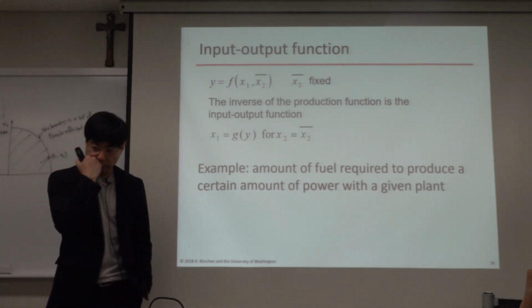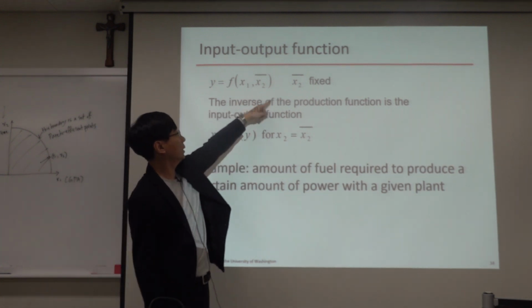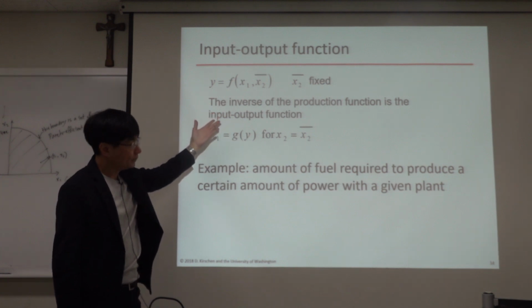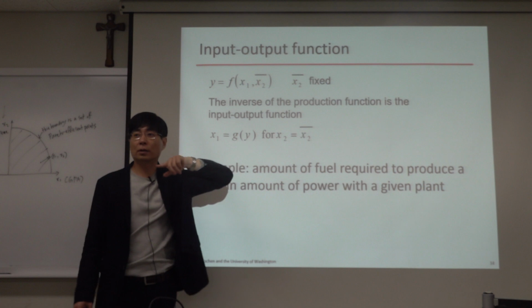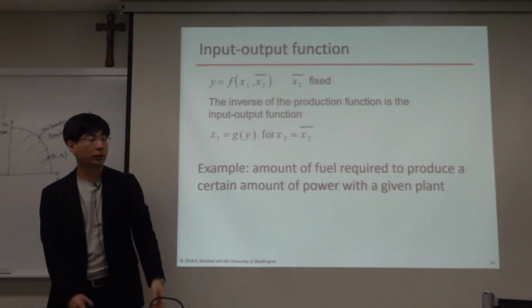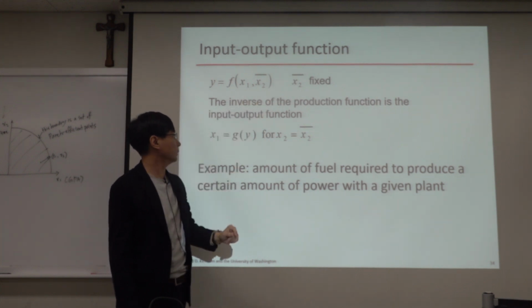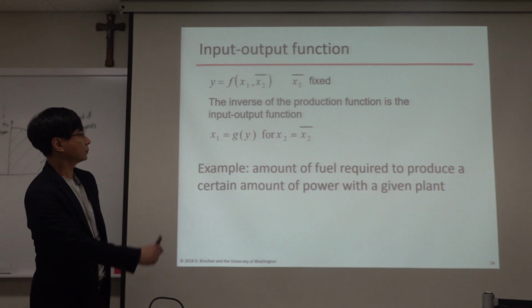Input-output function. So using this function f, when x2 is fixed, we can draw y as a function of x1. And because y is a function of x1, you can think of the inverse function of that. So x1 is the inverse function of f given x2 is fixed. The inverse function here is denoted by g.